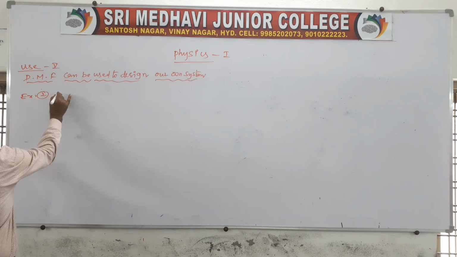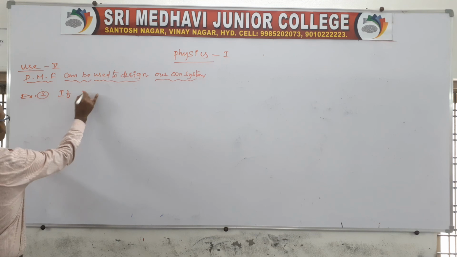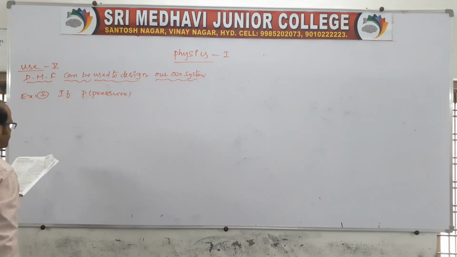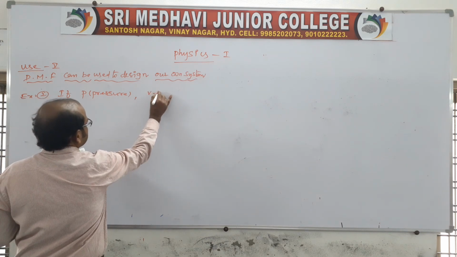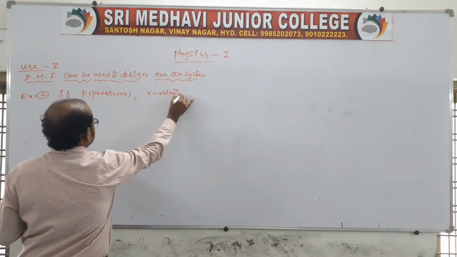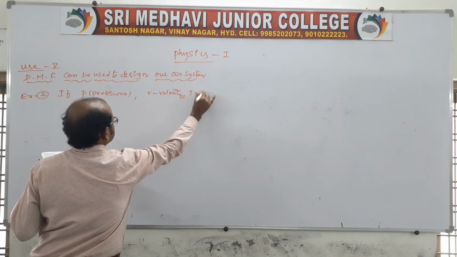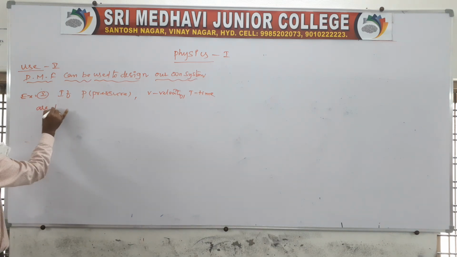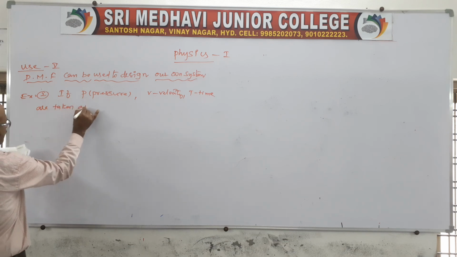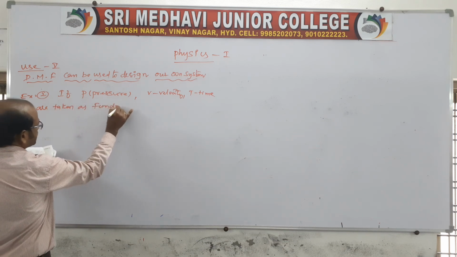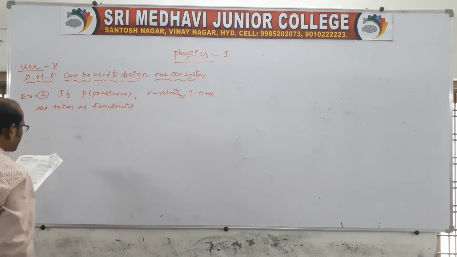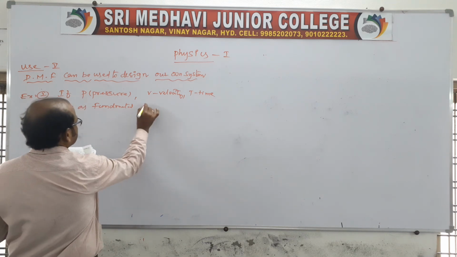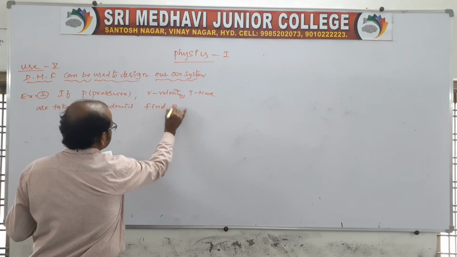If P is the pressure and V is the velocity, and T is the time, these are taken as fundamentals. You remember, this is taken as fundamental, and find a dimensional formula, DMF.